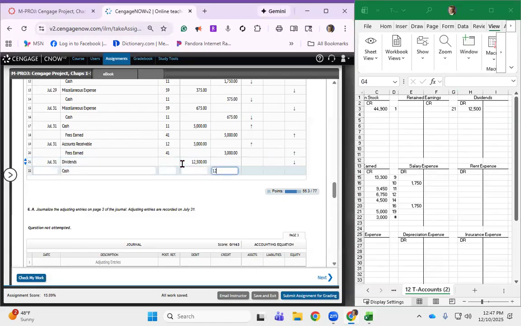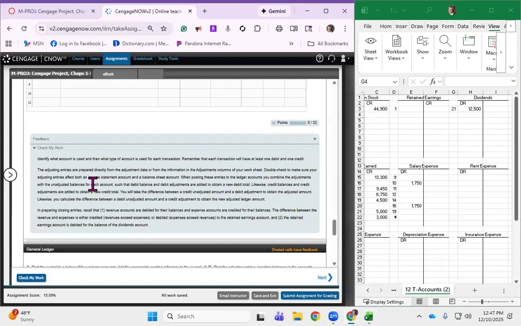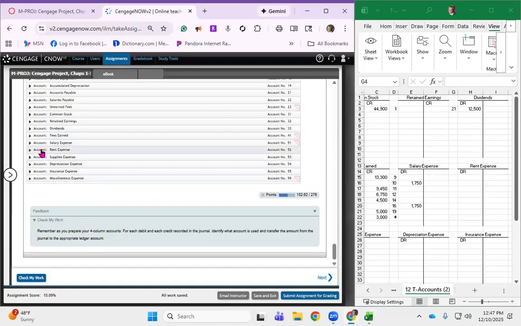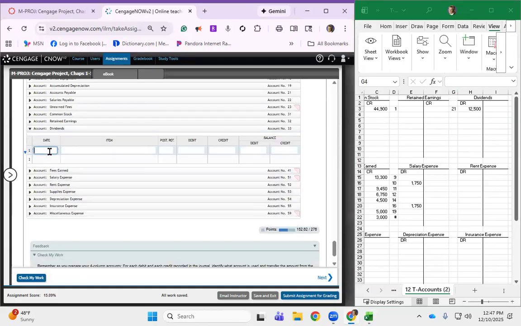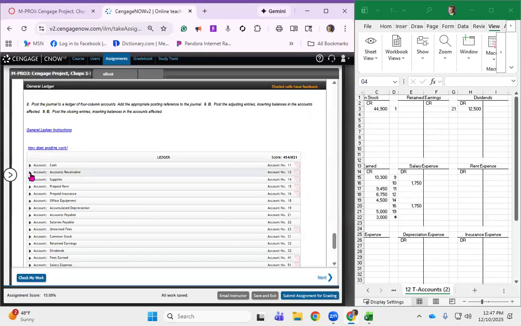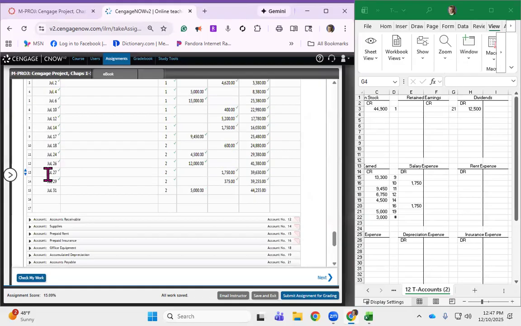These are cash dividends. Okay, so now let's go to the dividend account. So there it is. This is our first entry. This is July 31st. So we're recording that we're paying $12,500 of dividends. So make that the new debit balance. Okay, and then cash is really busy. Here's one more.